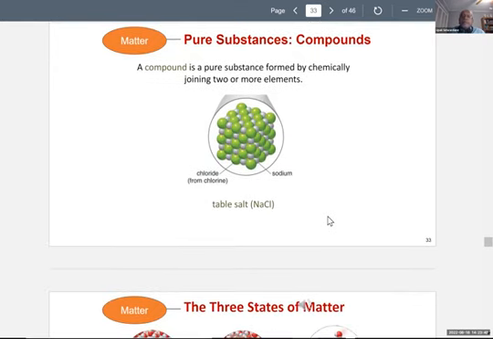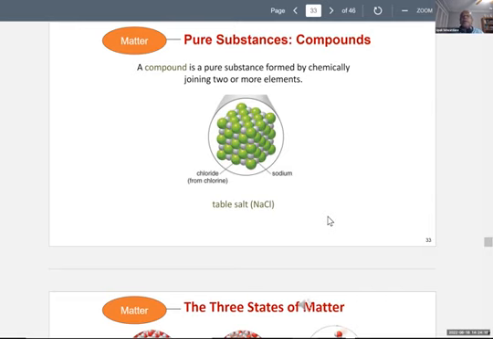The second part of pure substance is compound. We talk about water and sodium chloride. Sodium chloride is made out of two kinds of atoms in ionic form, sodium ions and chloride ions. When they form the compound, the sodium atom loses an electron and gives it to chlorine, which becomes a chloride ion.